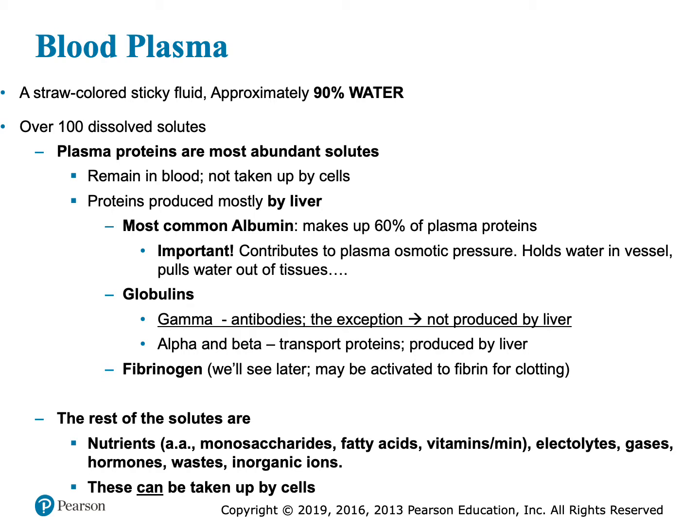It helps carry things around, but most importantly, it creates osmotic pressure. It is what is holding the water on the inside of the vessel. It's what's holding your blood inside of your vessel. So if your albumin gets scary low, your vessels are going to leak. And the water that's inside of your vessels is going to leave your vessels and go out into your interstitial tissues, and you get edema.